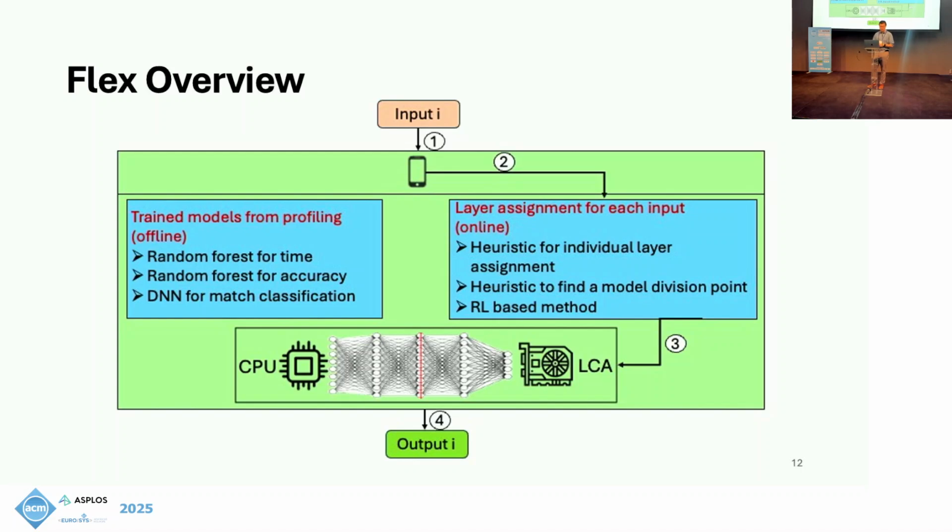As shown in this figure, it takes three steps. First, an input arrives at the system, and then Flex determines the layer assignment dynamically. It then loads the layers across CPU and LCA, and finally, it executes the inference. We'll cover the design of each method next.